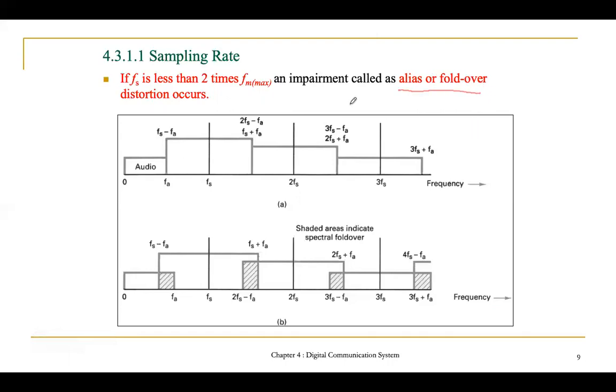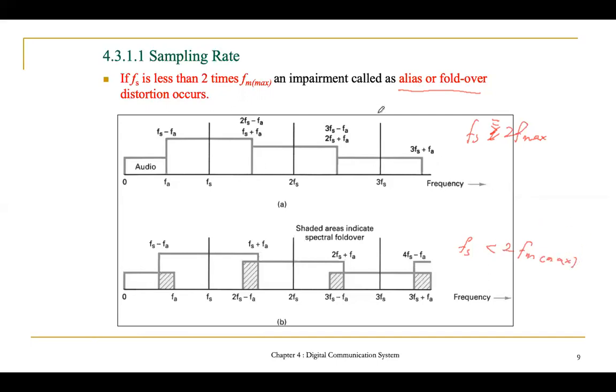This is the figure when fs is bigger than 2 fm max. This is fs equals 2 fm max. However, this is fs smaller than 2 fm max.